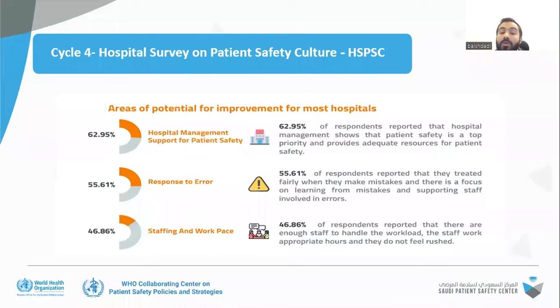Only 55% of respondents reported that they are treated fairly when they make a mistake, that there is a focus on learning from mistakes rather than a blaming culture, and that the staff involved in the error will have a clear supporting program. Next.